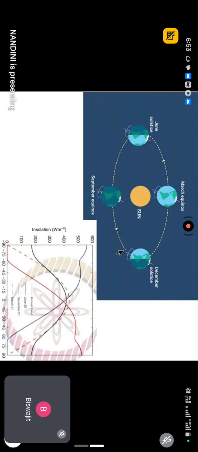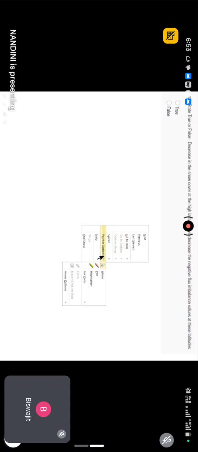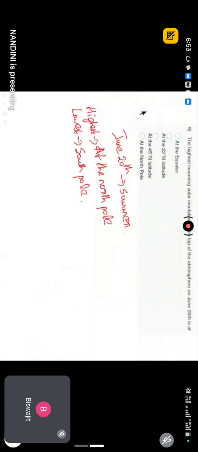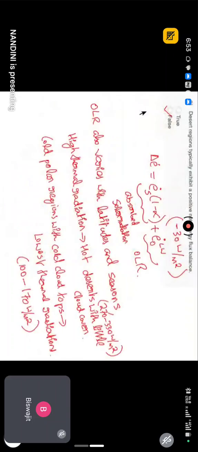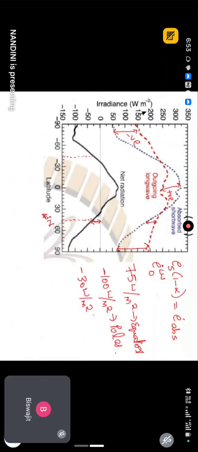True or false? The decrease in snow cover at the high latitudes will decrease the negative flux imbalance values at these latitudes. If you decrease the snow cover, will it actually decrease the negative flux imbalance that we see at the polar region? If you look at this figure, we have a net negative radiative imbalance over the poles, right?